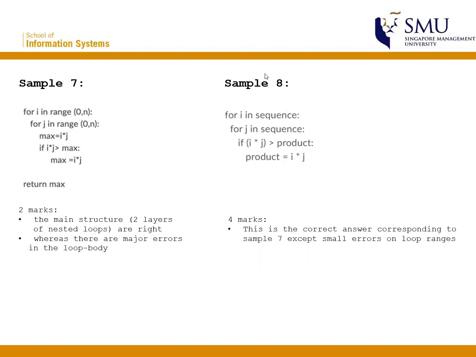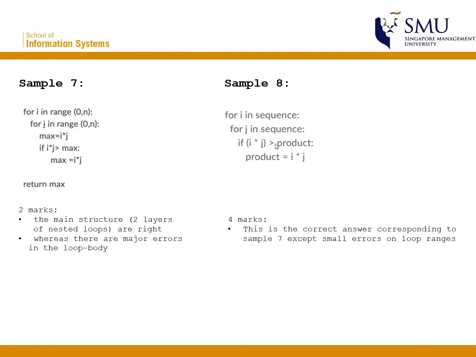And sample 8 is okay. The reason is that here i is looped in sequence instead of range. In sequence means the i here itself represents the real values. So this answer is much better than sample 7.